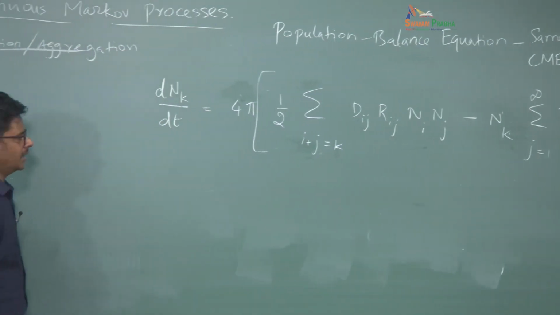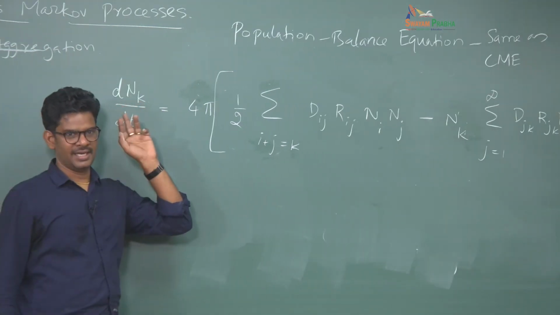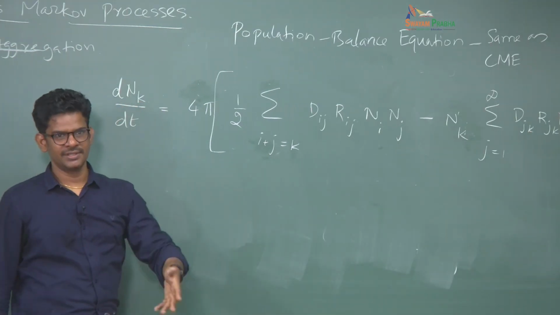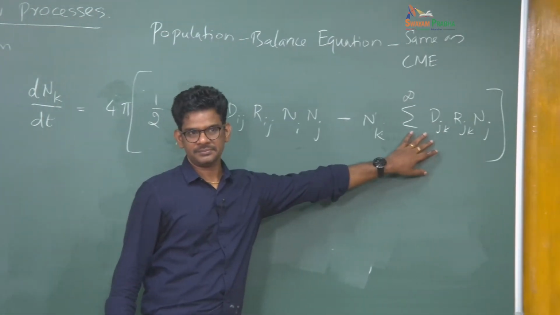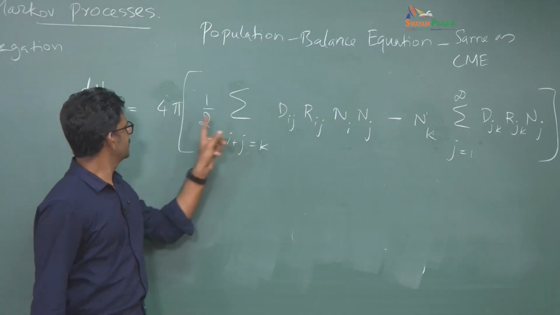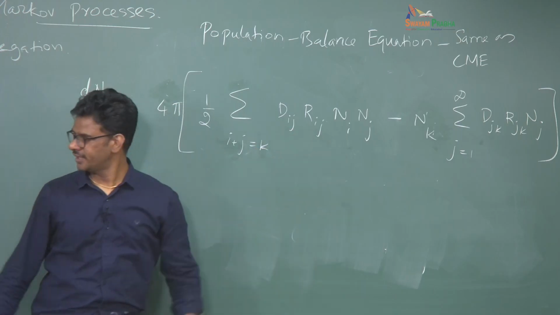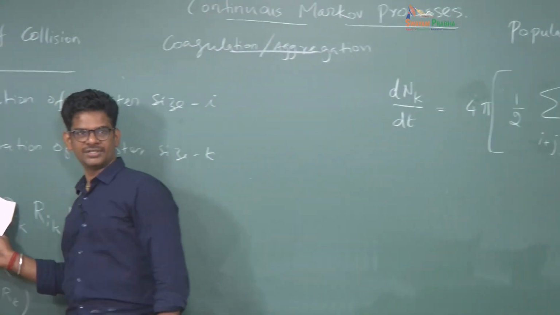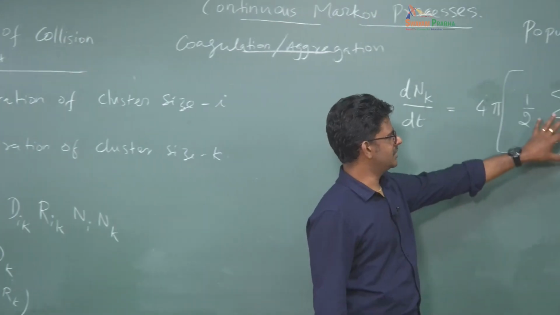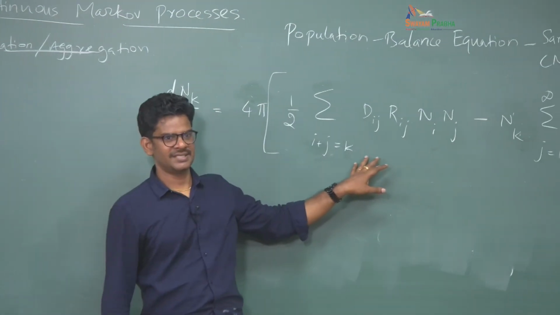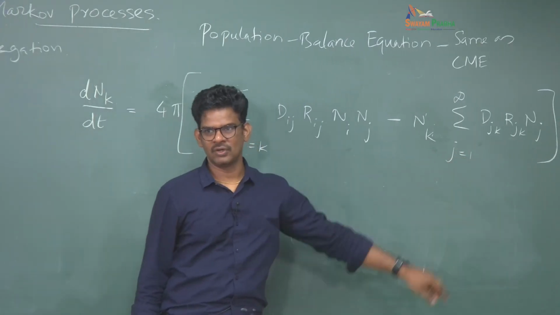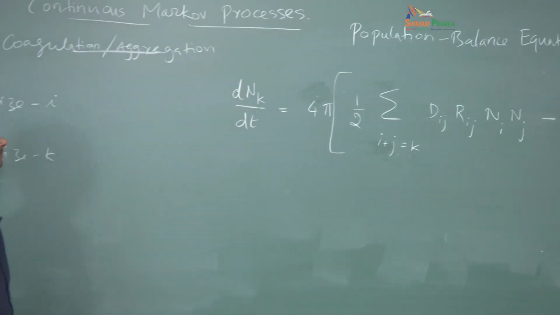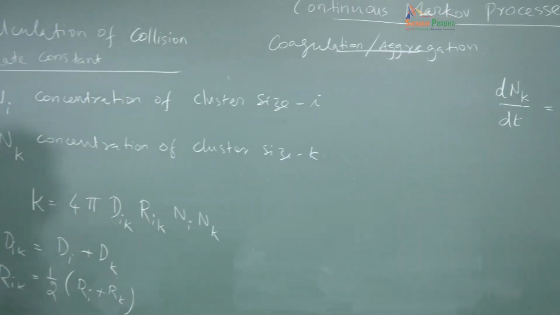And whenever a cluster of size k collides with anything else, it is going to be a loss term. You can see that I am using this 4 pi dij drij that I obtained for the collision rate. So this is the rate of formation of clusters of size k, and this is the rate of depletion or loss of the clusters.